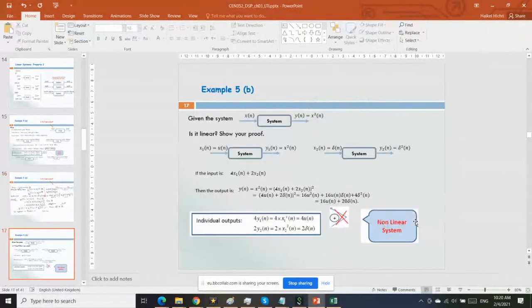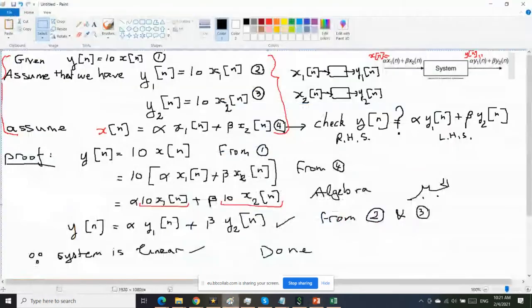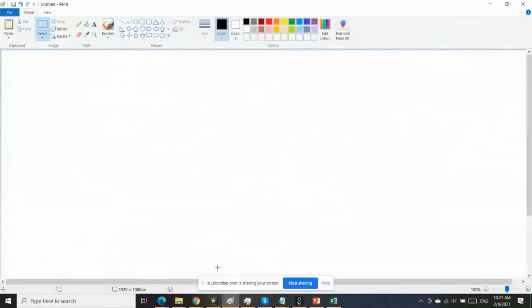Okay, next. Given this system, is it linear? Show your proof. We're going to do the same steps. x squared.